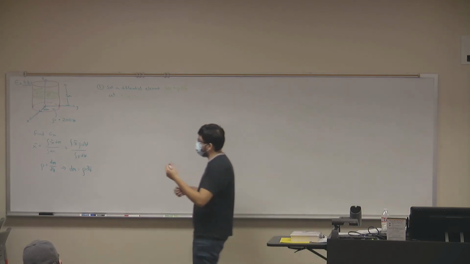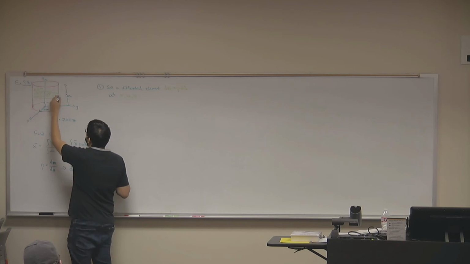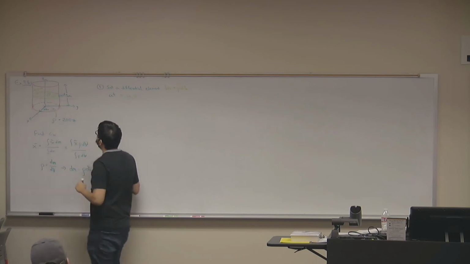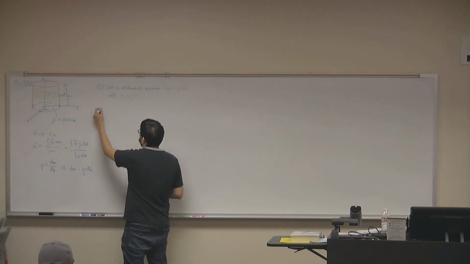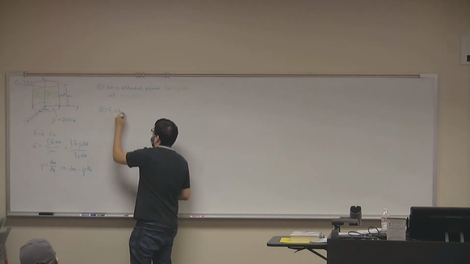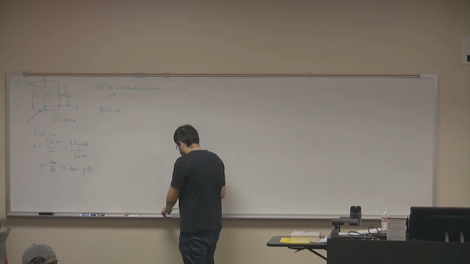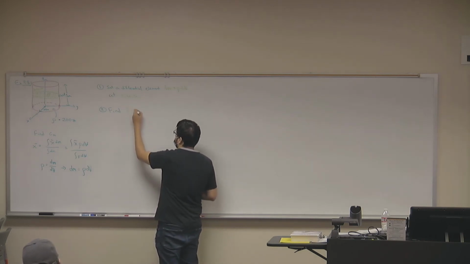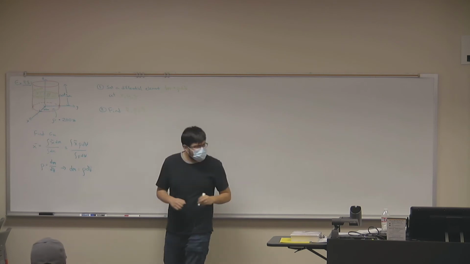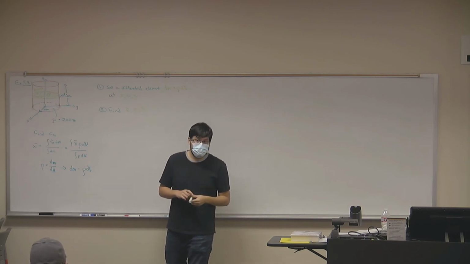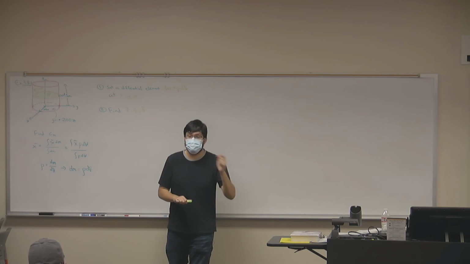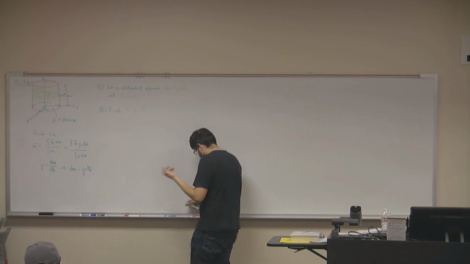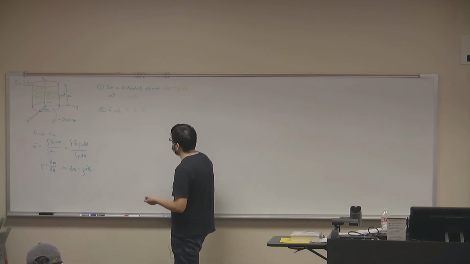So I'm going to pick an arbitrary point here. I'm just going to call it x, y, z. After I set my differential element, I will have to find the coordinates to my centroid, to the center of mass of that element. So I'm still going to call them x squiggly, y squiggly, z squiggly. But these are coordinates to the center of mass.